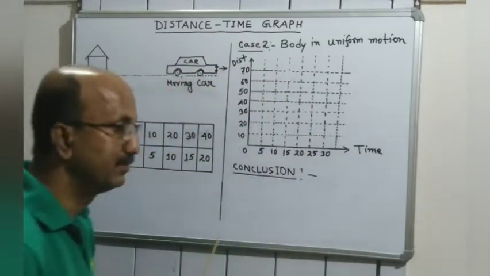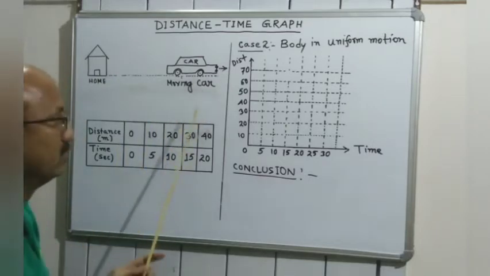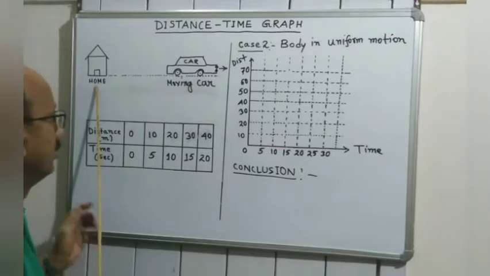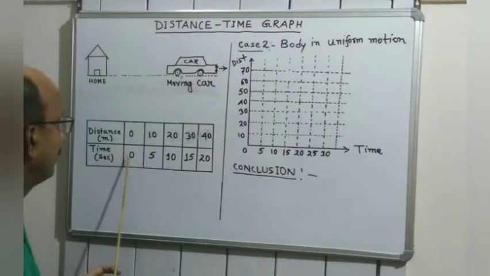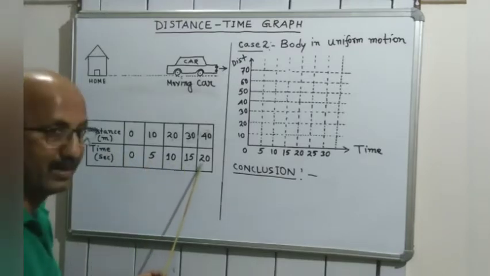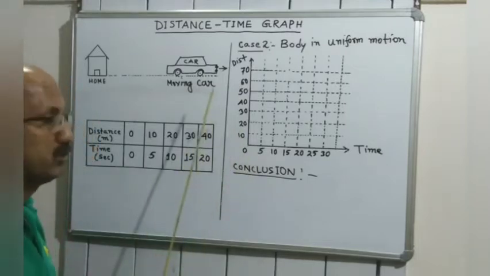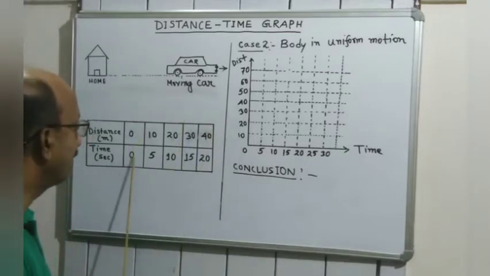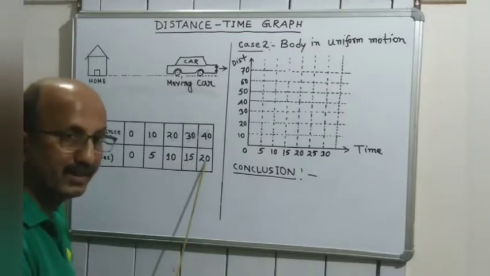You can see here that a car is moving along this direction with respect to your home. Home is the reference point. The time we have divided into intervals 0, 5, 10, 15 and 20 seconds. That means we are going to study the motion of the car at these different instants of time.